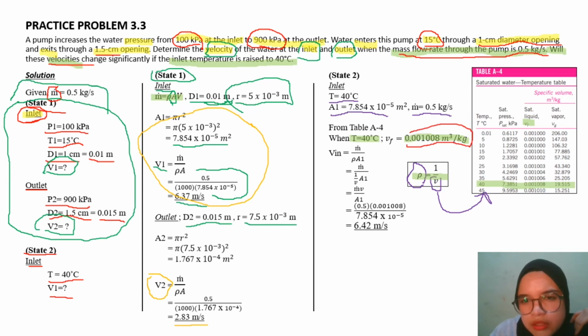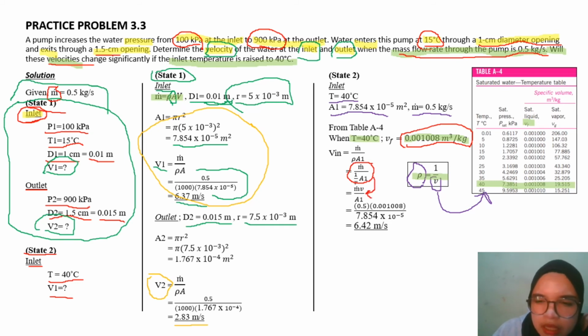So we proceed the formula and get mass flow rate multiplied by the specific volume divided by area 1. We put in the values, and then we got the answer for the velocity inlet when the temperature is raised to 40 degrees Celsius.